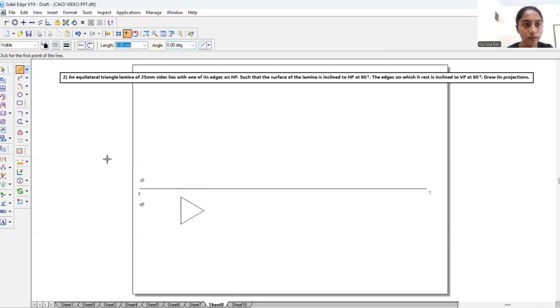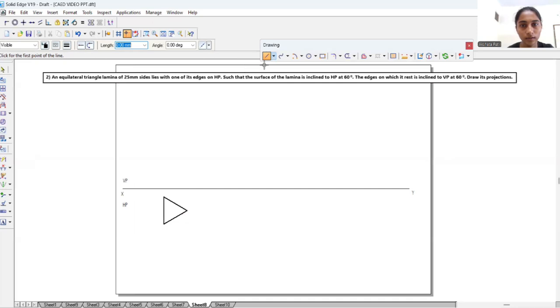Now we will darken this triangle, which means we will increase its thickness to 0.50 mm. So this is the triangle.